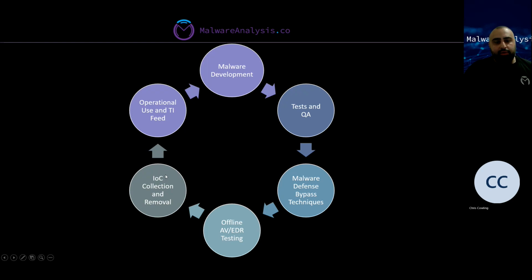Then you go into IOC collection and removal. Whenever you do the offline AV-EDR test, you understand whether the EDR or antivirus detects your malware. And if it detects the malware, you need to understand how it detects it, why, and what it detects in your malware, whether it's a string or an IP address or something in the behavior itself, or the functions or the Windows API functions used, for example.